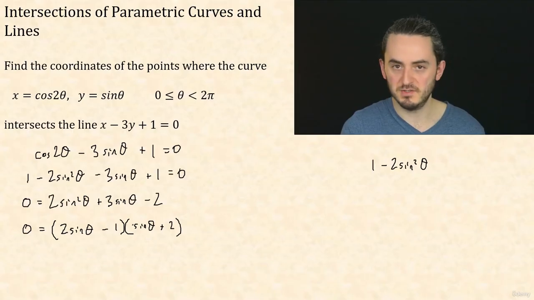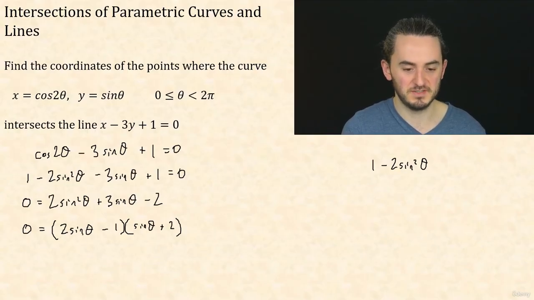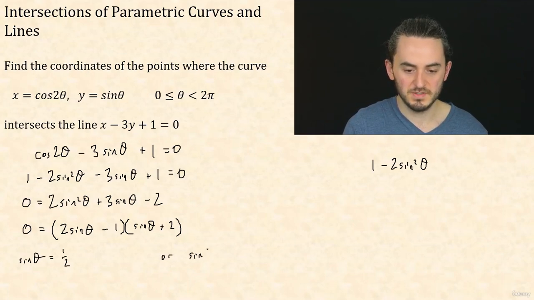But you don't need to solve these using factorizing. You can just use your calculator to solve it. It really doesn't matter. There's no extra marks for factorizing. You're just getting marks for if you can solve it. So this means that either sine theta equals a half or sine theta equals negative 2. Well, sine theta does not equal negative 2.